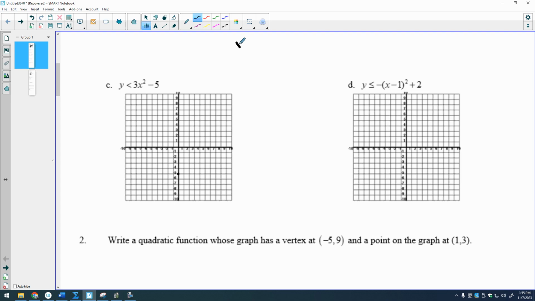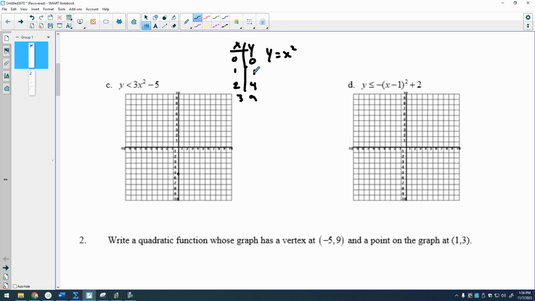My pattern, I didn't have it on the board yet. 0, 0; when x is 1, y is 1. When x is 2, y is 4. That is my basic y equals x squared pattern. If it's 3, it's 9, and so on. This has a 3, so we are going to multiply the y values by the 3. That's my a value. That changes the y values, multiplies them by 3.